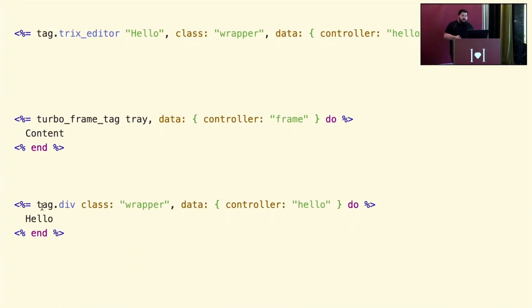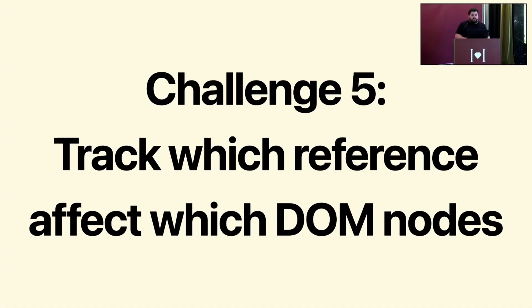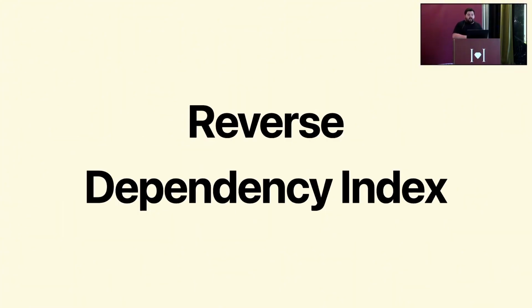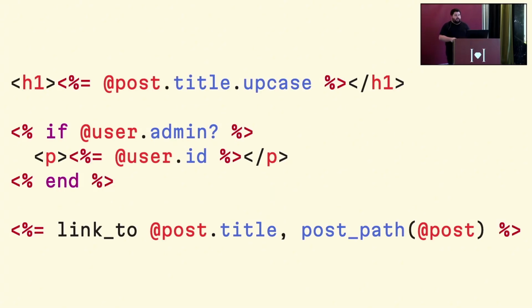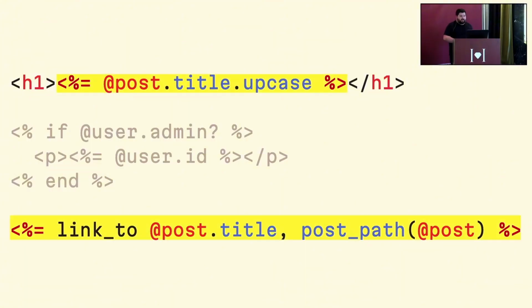The other challenge was to track which changes are going to affect which HTML nodes in your templates. So we need to build a reverse dependency index. What I mean by that is, when we look at post again in this case, we see it's being used in these two places.